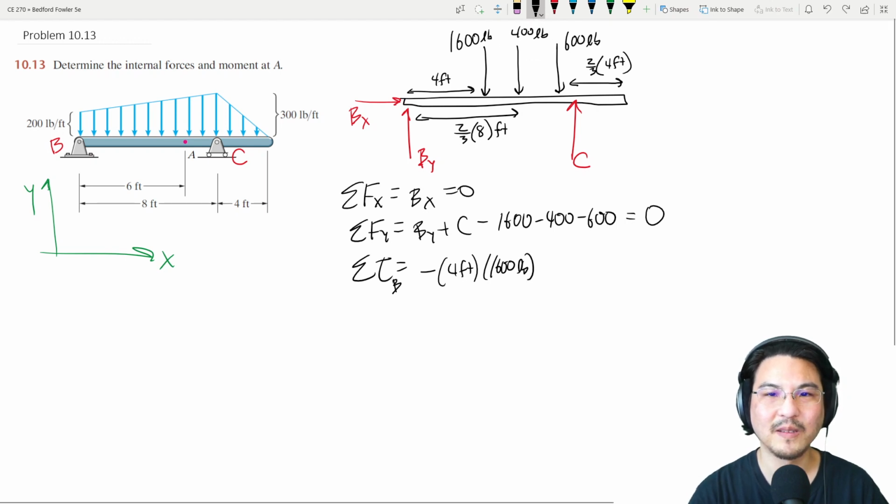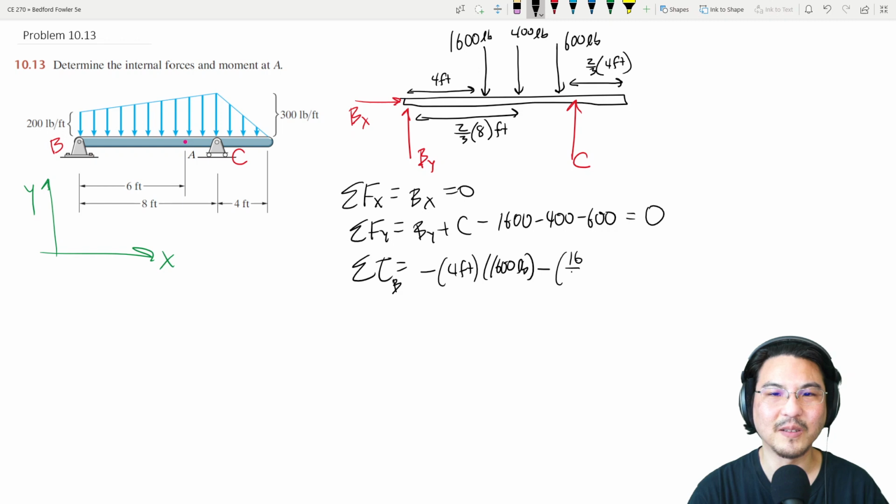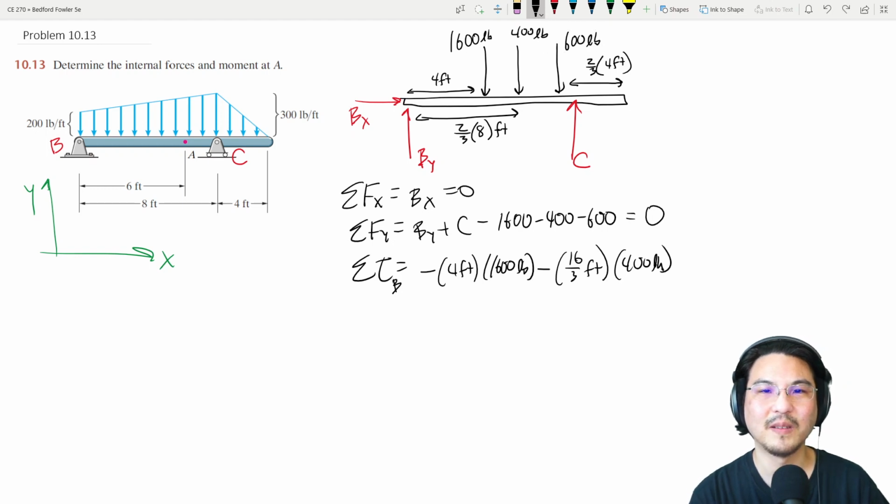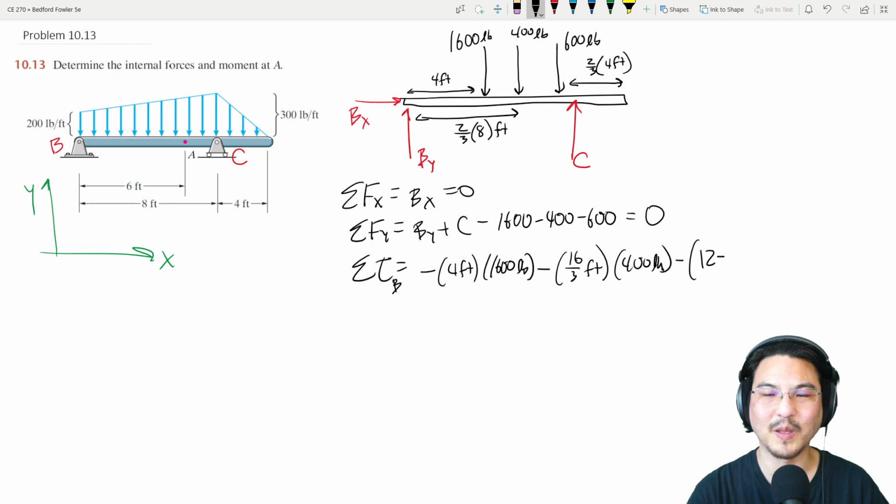There's torque from this, minus 16/3 times 400 pounds. There's torque from this, so let's see, the entire bar is 12 feet, so minus 12 feet minus this much, right, times 600 pounds. And then there's torque from C, in the positive direction, plus 8 feet times C equals 0.